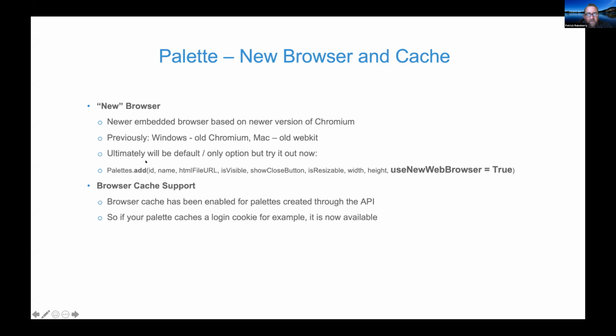Then recently, we upgraded a lot of the browsers inside the rest of Fusion to a newer Chromium implementation. So when you go to create a palette, there's this option. We haven't set it as the default yet, but since we're all friends here, it's probably going to be the default, and then it'll be the only option at some point when we fully deprecate these two other things.